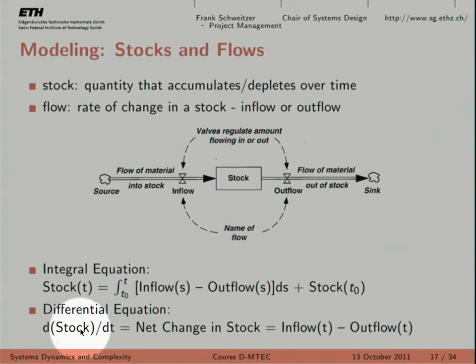And the question here is, how does my stock change with time? Before the question was, what is the total value of the stock at this given time? Now the question is, how does it change with time? Well, it's much simpler. There are no integrals. At any given point of time, the change in your stock would be the difference between what goes in and what comes out. Okay? All right.